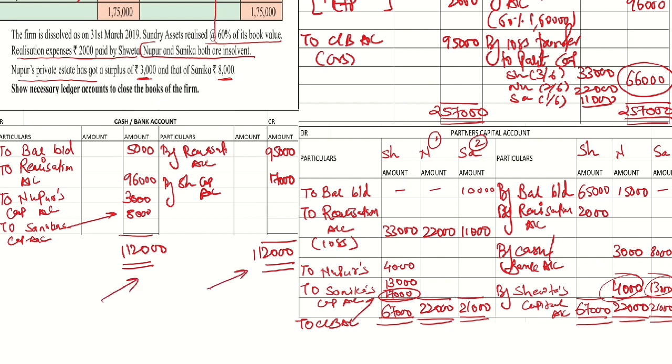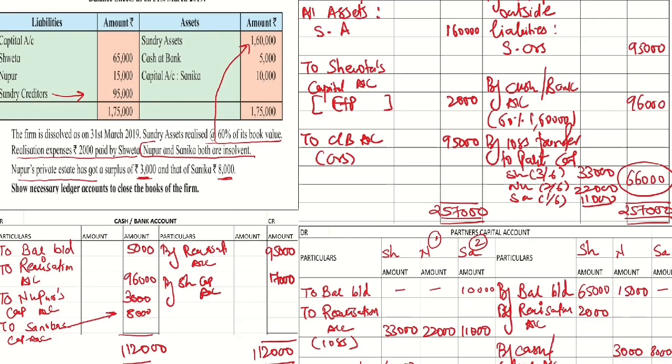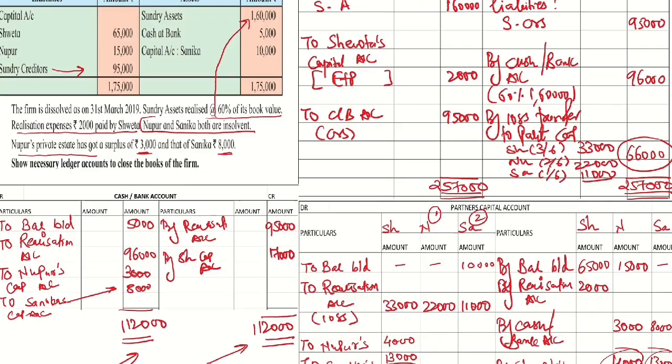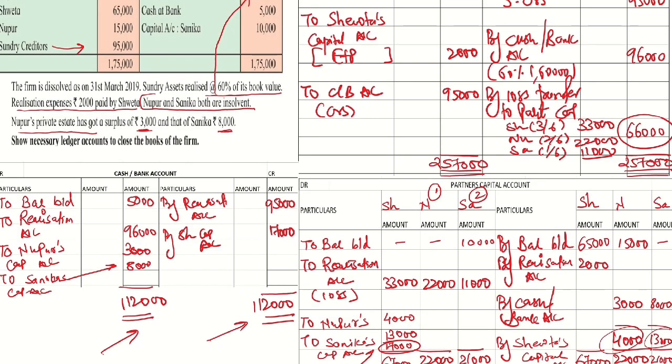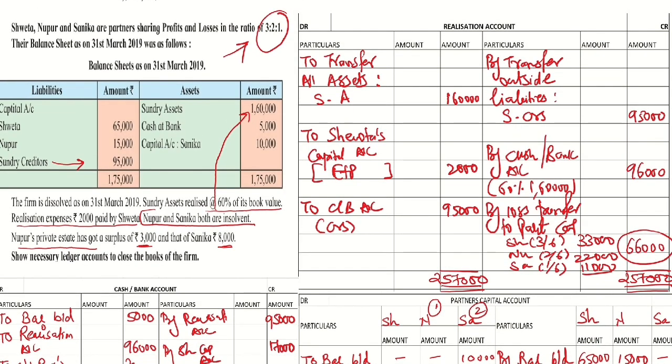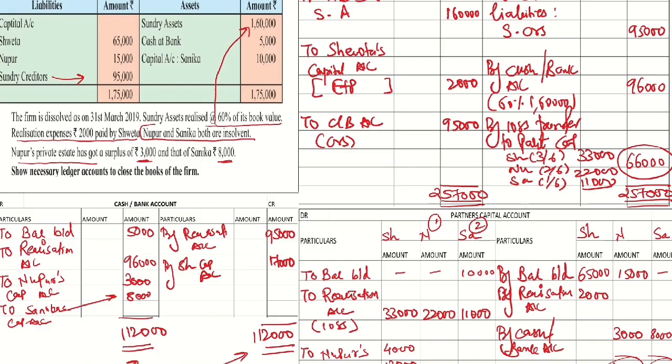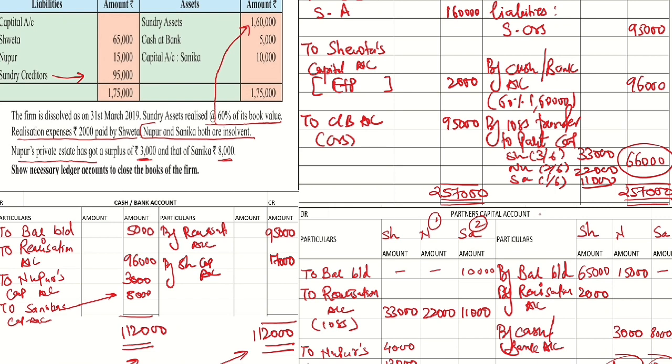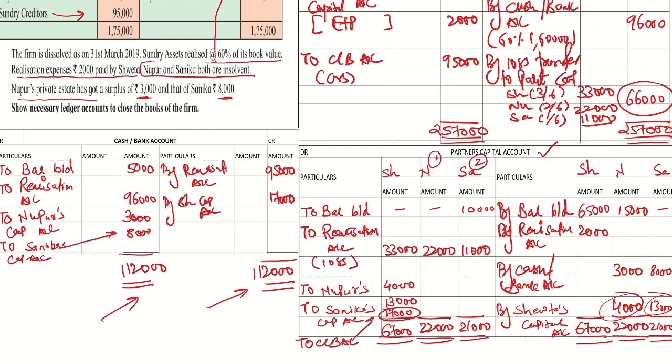That is how we do the sum of dissolution when two partners are insolvent. Just to revise: first we close the realization account. Second, we close the partners' capital ledgers by treating solvent and insolvent partners. And third, we close the cash and bank account, and it tallied at 1,12,000 on both sides.